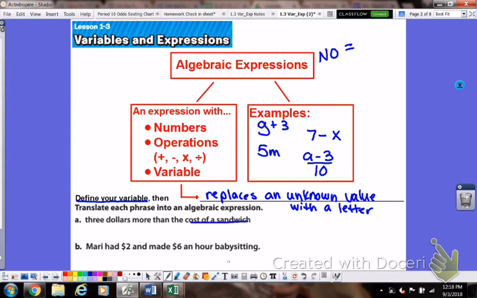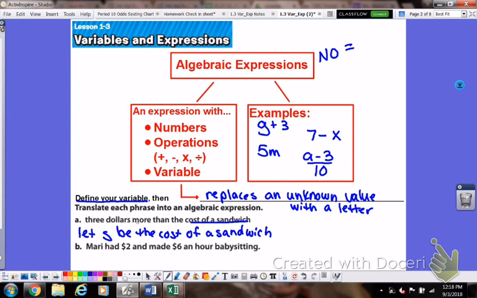So to define that variable, let S, we choose S this time, let S be the cost of a sandwich. You must start with this step each time.